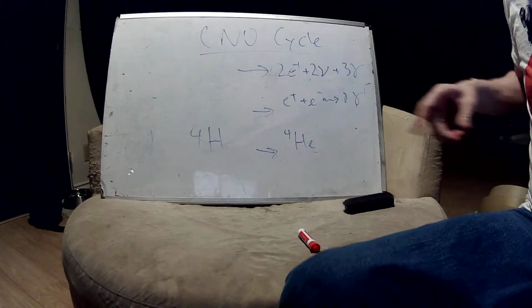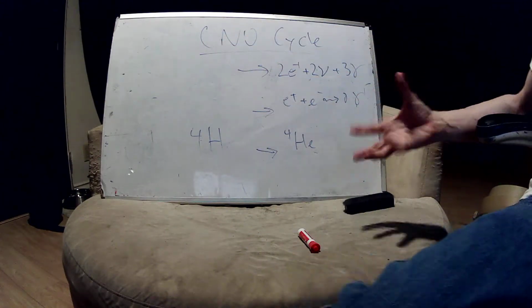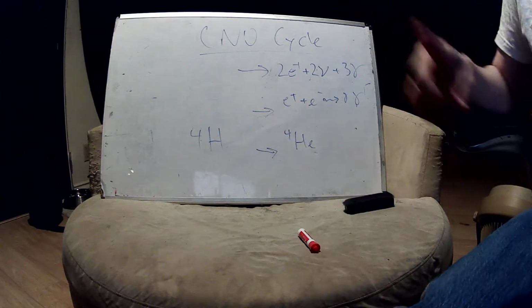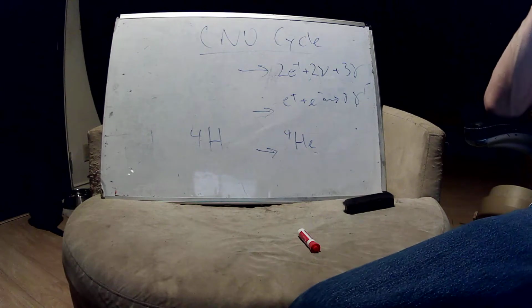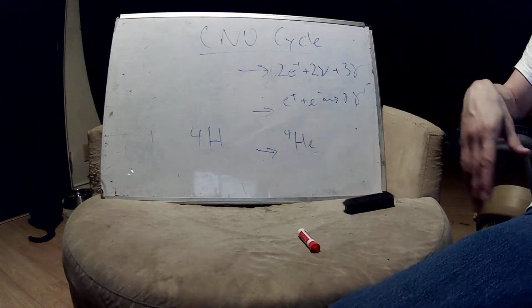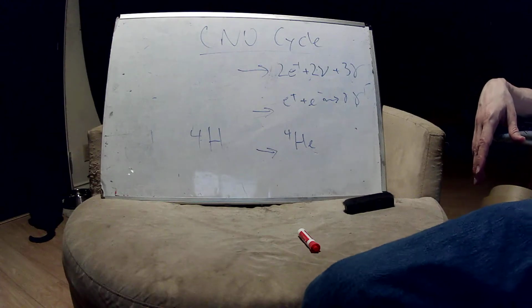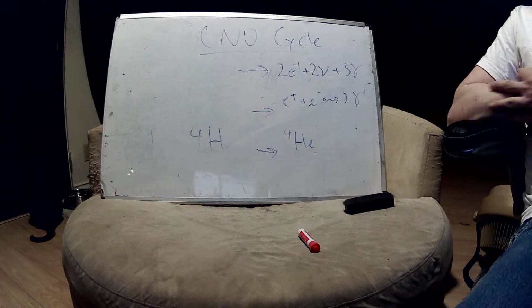And so we can think of the carbon, the nitrogen, and the oxygen, because they don't get consumed by this reaction, or this chain of reactions, right, this set of reactions, or this cycle of reactions, I guess. It's not really a chain. Chain reaction is something totally different, right?